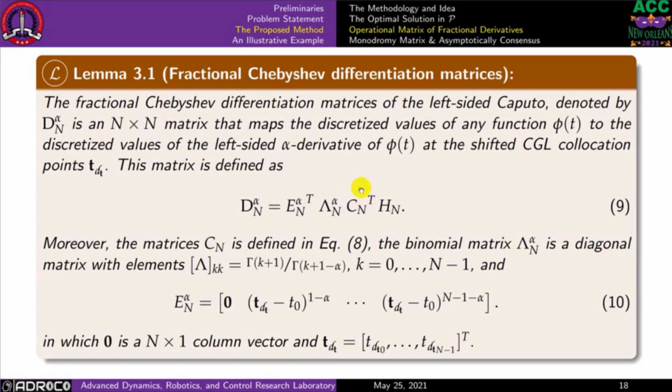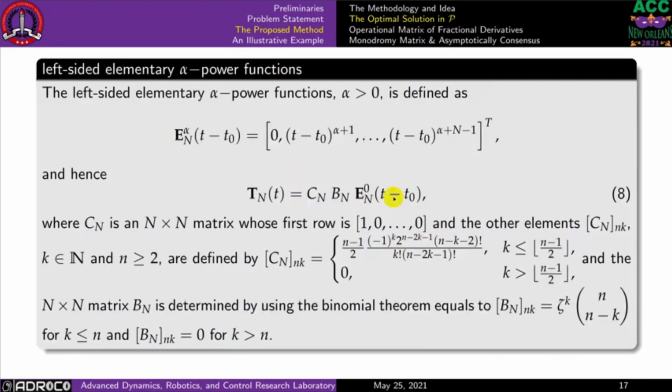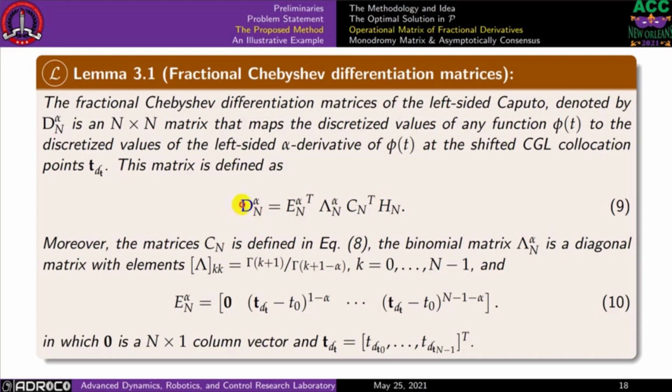And therefore, we can apply the fractional derivative operator to the approximation function that we have here and build a differentiation matrix. This differentiation matrix is going to be constant regardless of the choice of the function. If we multiply the discretized values of the function at some collocation points by this differentiation matrix, it gives us the discretized values of the fractional derivative of that function at those points.